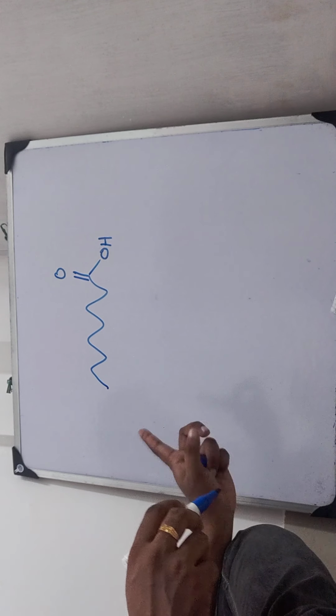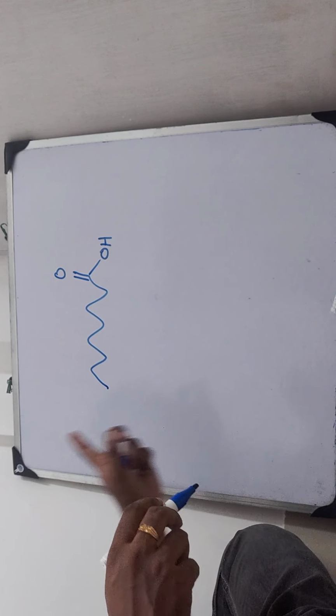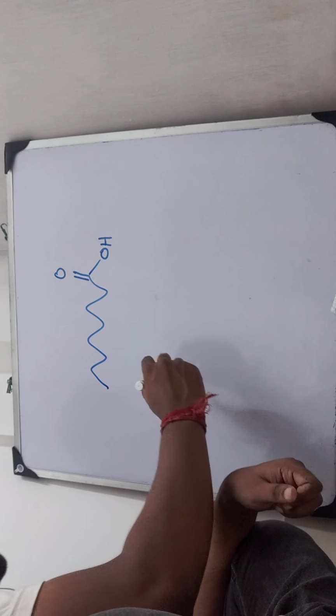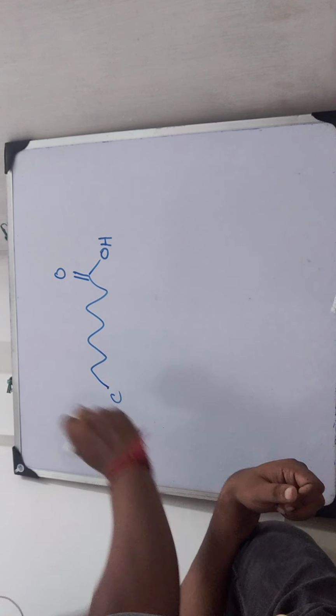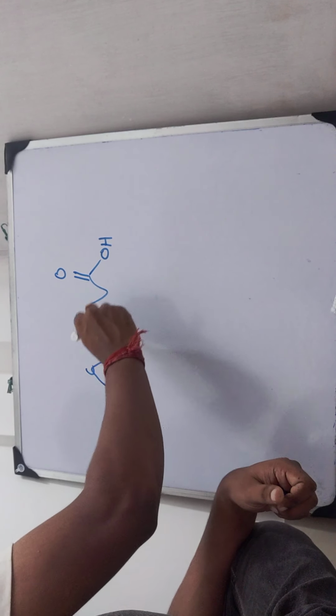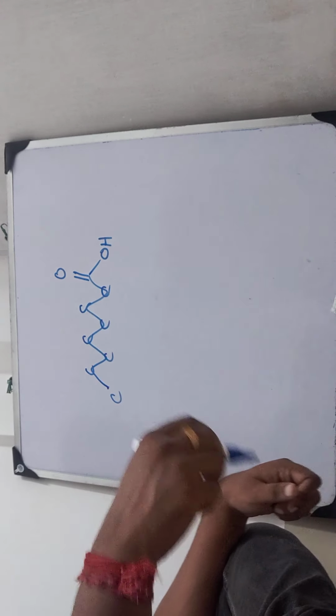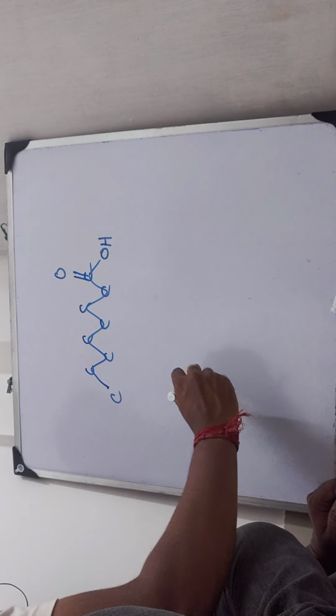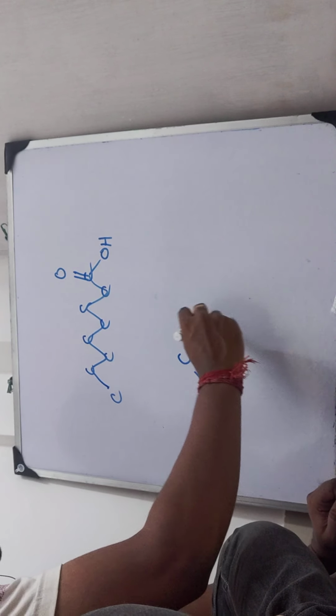You will have to place carbon atoms in each corner and at the ends. For example, this is an end, so here you will add a carbon, here a carbon as well, carbon, carbon, carbon, carbon. And this one is also carbon.